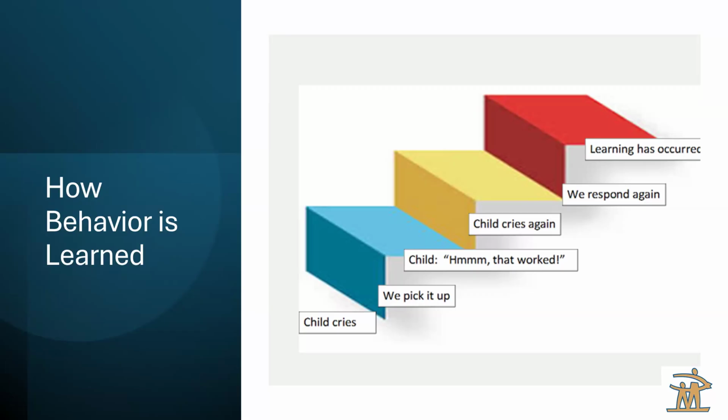So think about, like I had mentioned earlier, the baby cries. Nobody picks it up. The baby cries again. Nobody picks it up. When that happens over time, the behavior we want from a baby to communicate to us what their needs are stops.